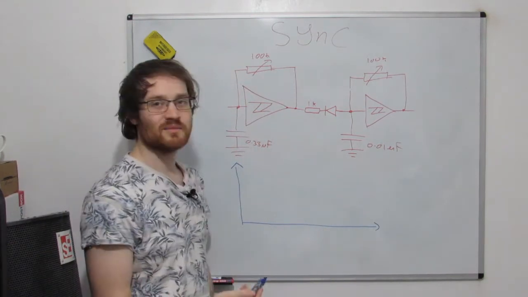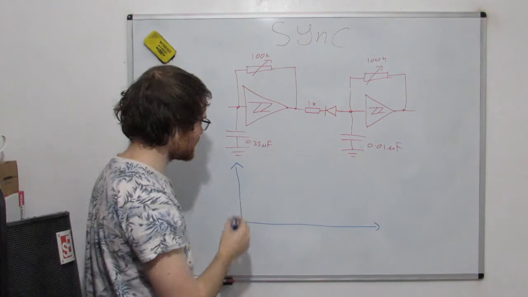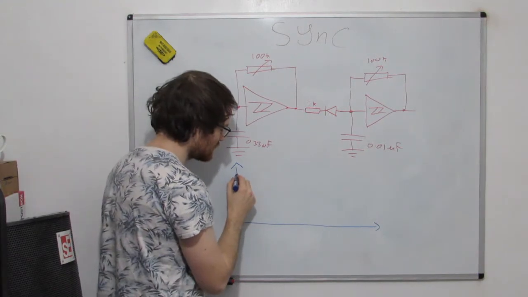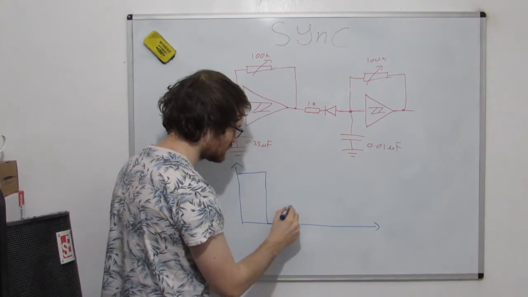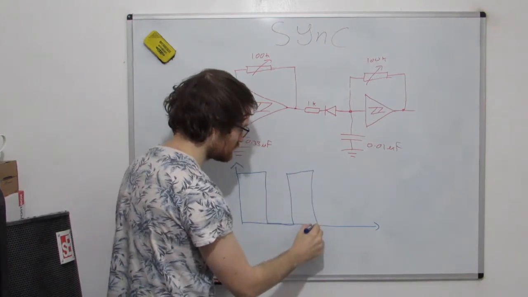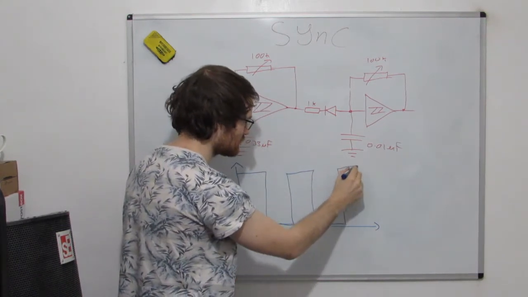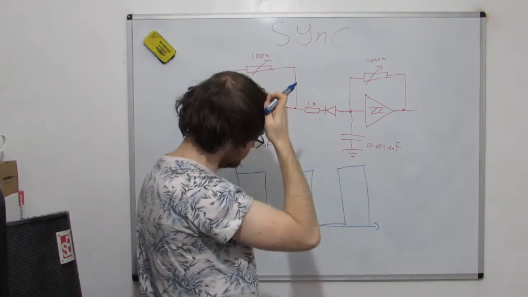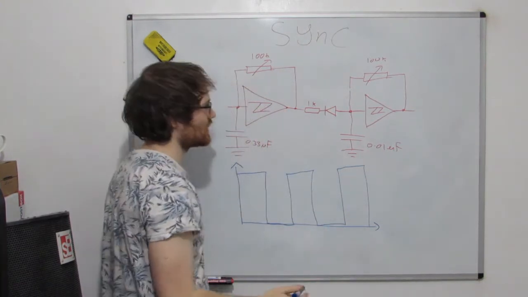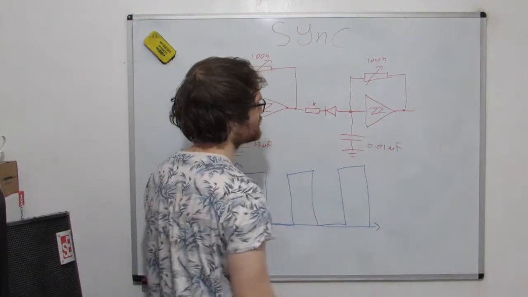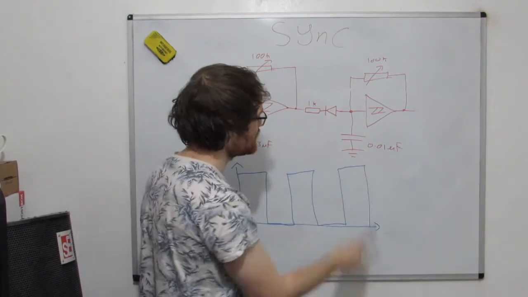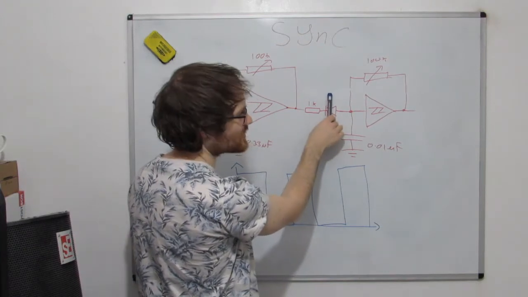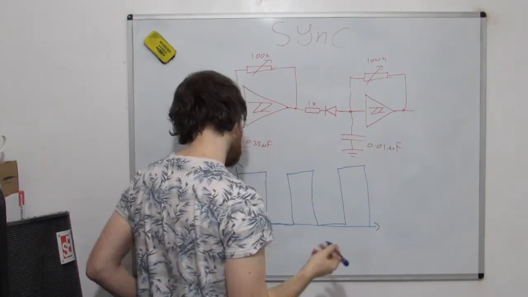We've got a repeating pattern, assuming that I don't touch any of these, of a square wave going like this. And we would have a similar one, but it would be faster because we've got a smaller capacitor here. Let's imagine this diode wasn't there for a second, that would just be doing its thing.